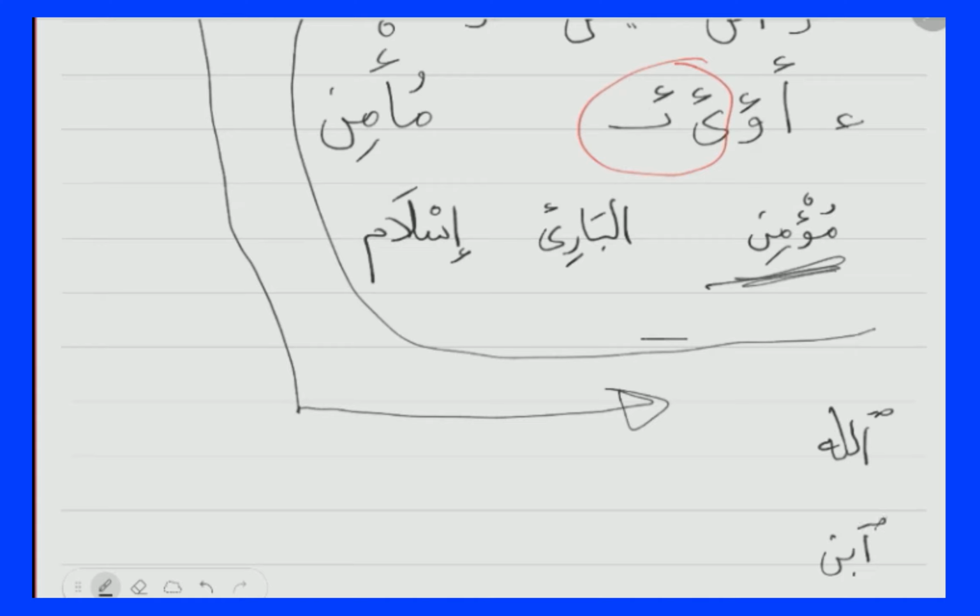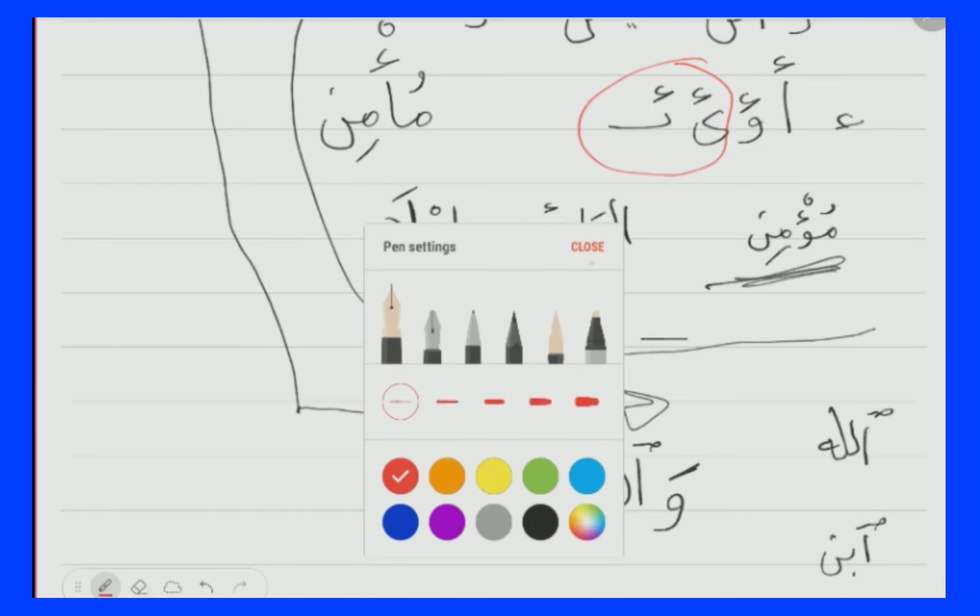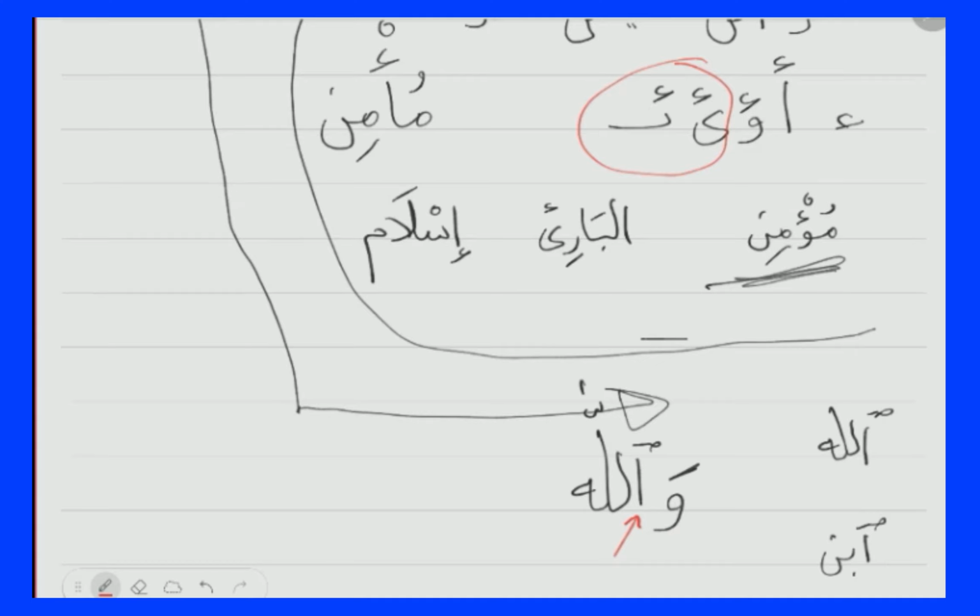However, if something is in front of hamzatul wasl, meaning if you're not starting your speech, if you're not commencing your pronunciation with that hamza, then you skip right through it. So when you want to swear by the name of Allah, there's a waw, and since that alif is a hamzatul wasl, you go right through it.